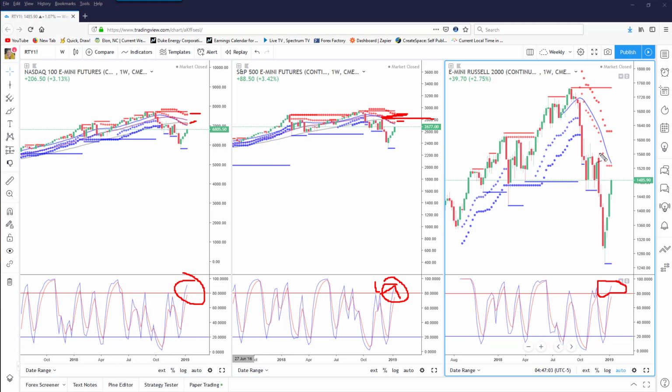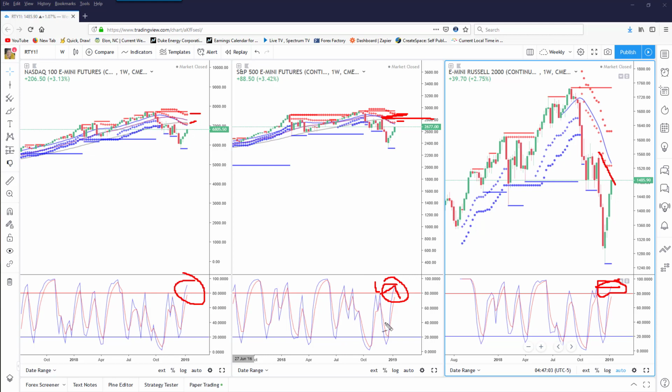You can actually see it a little bit better over on the Russell. If I connect those, you can see that this is slightly higher on this side, and we do not have that bearish bar. If we had the bearish bar, we could actually read it, but we don't have it yet. Why do you pay attention to that? Because that would be hidden divergence, and that would tell you there's going to be a momentum move to the downside.